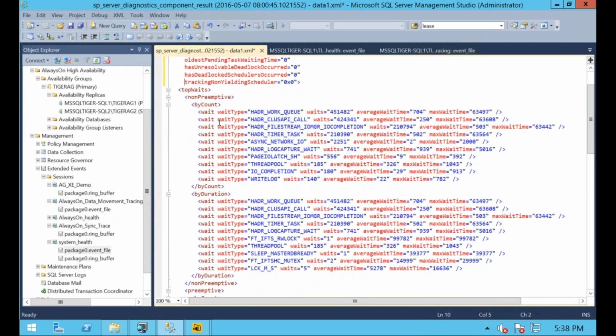These were waits by counts, the top half of the XML. The second half of the XML node gives you all the waits by duration. If you can compare two snapshots, you would be able to figure out what was the delta between two different time snapshots. If you capture at T1 and T2, if you subtract the two, you would get how many waits occurred between those two timestamps.